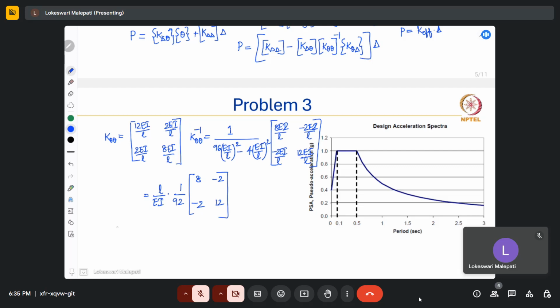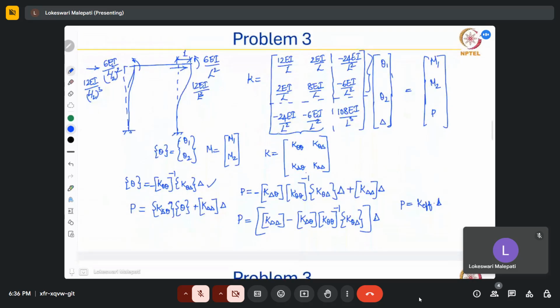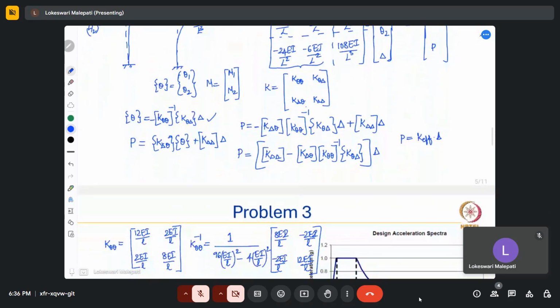So we have the other values as well. So k delta delta is 108 EA by L cube and k delta theta is this row vector.